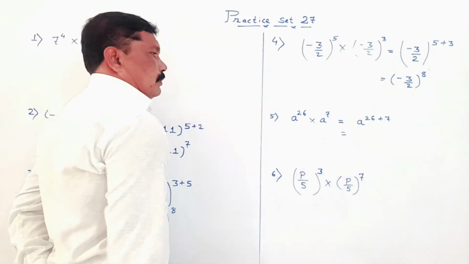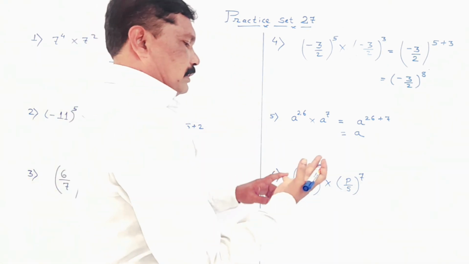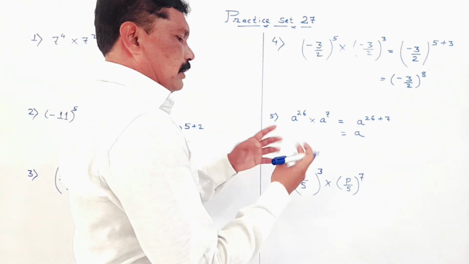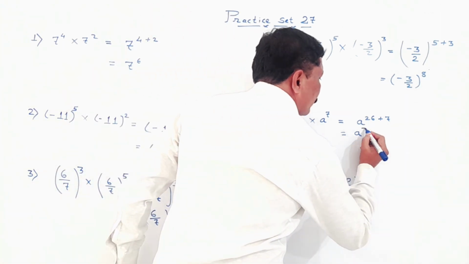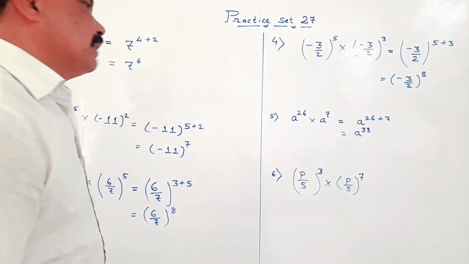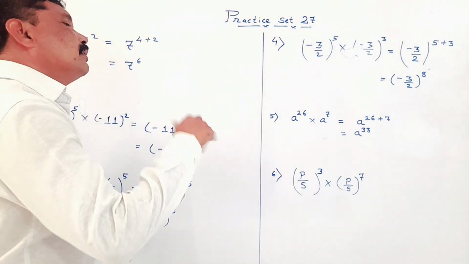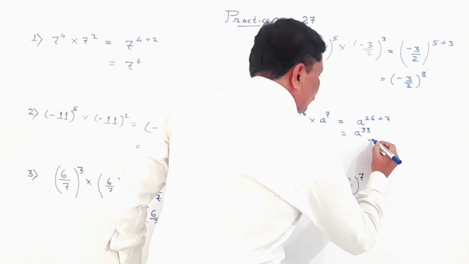It is equal to 26, 27, 28, 29, 30, 31, 32, 33. Then we will get the answer A raised to 33.